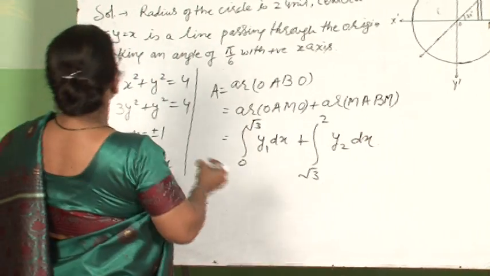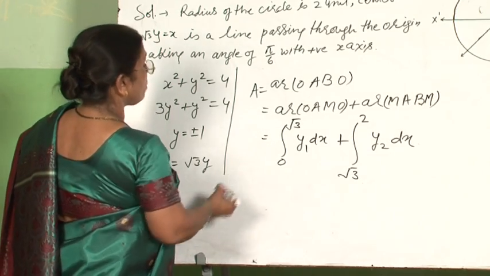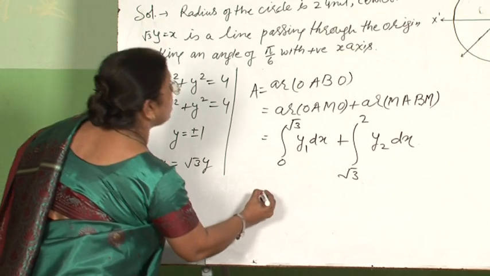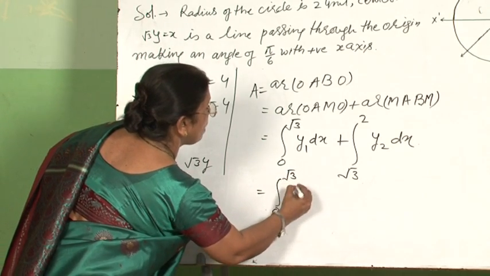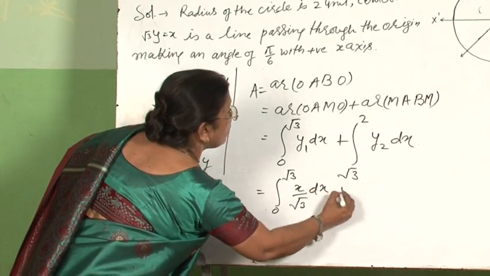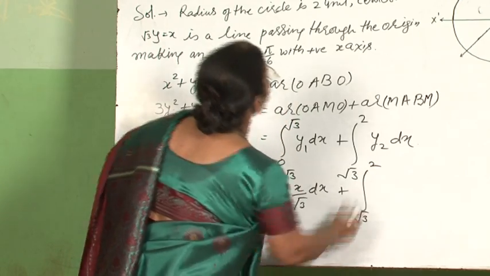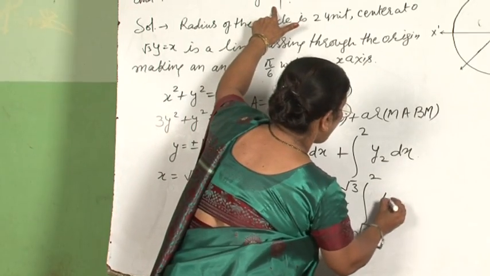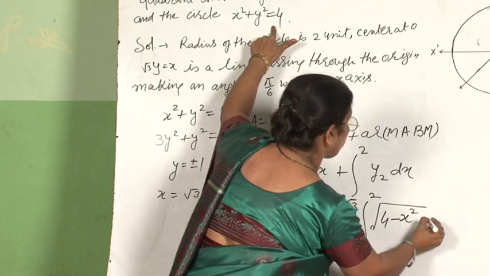Now, y1 is x upon root 3, so this is 0 to root 3, x upon root 3 dx, and for the second part, from root 3 to 2, y2 is square root of 4 minus x square, dx.